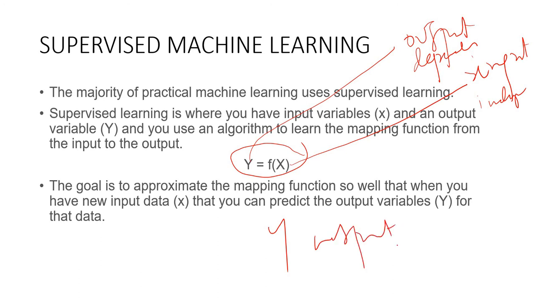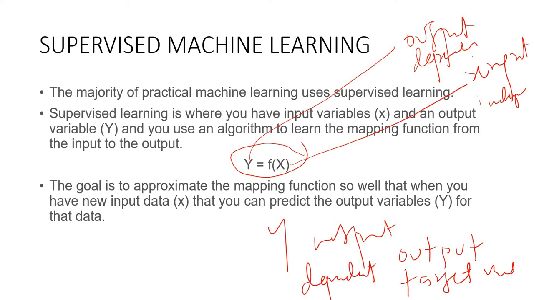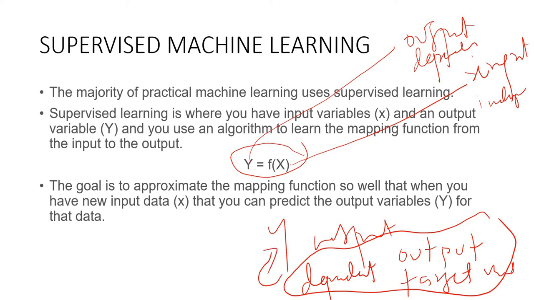Y is known as the output variable or target variable or dependent variable, all are the same thing. X is the input variable, or you can call it the feature.